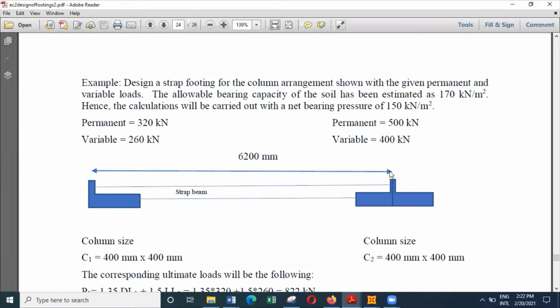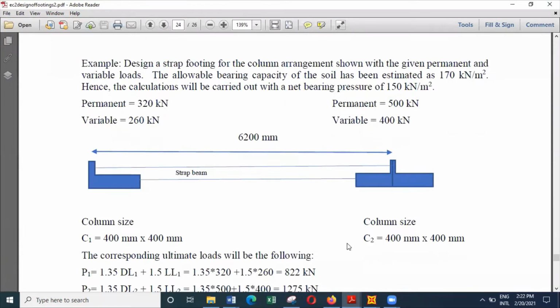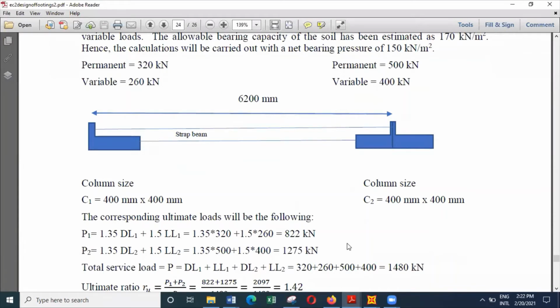And the column sizes are 400 by 400, so if you want, you can select the same thickness for the strap beam. On the other hand, you can even select 450 millimeters for the strap beam, so that the steel in the strap beam can be arranged on either side of the column reinforcement.